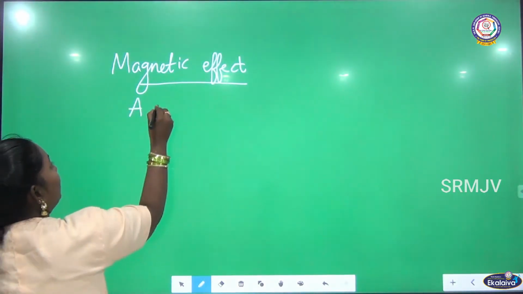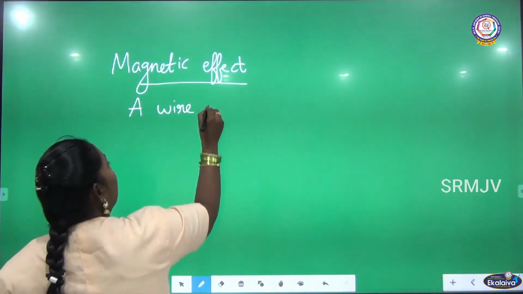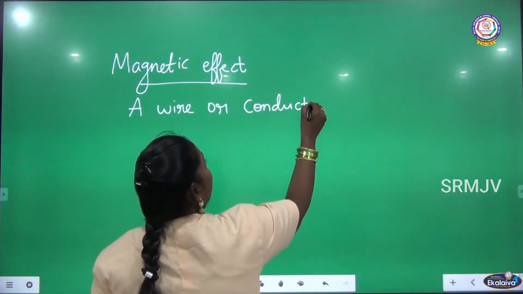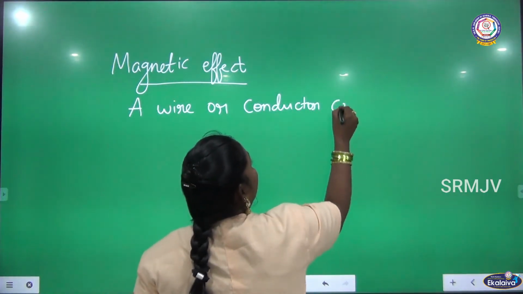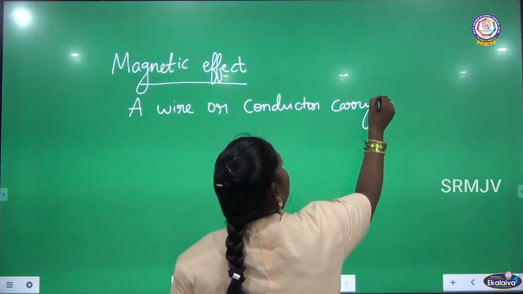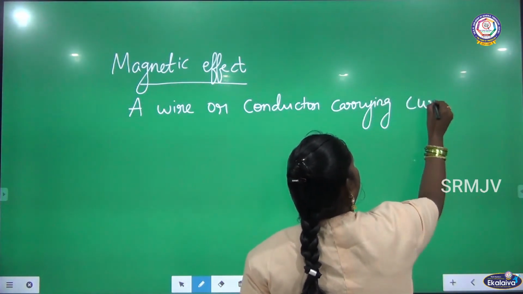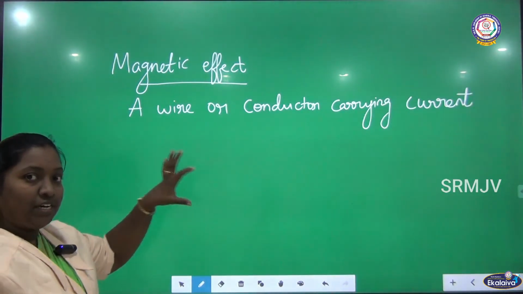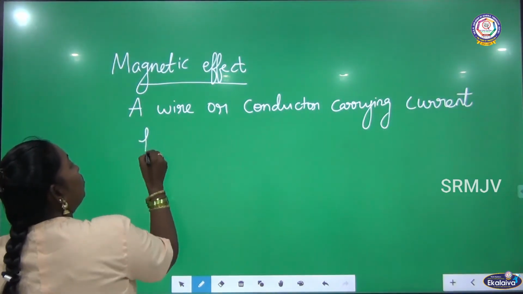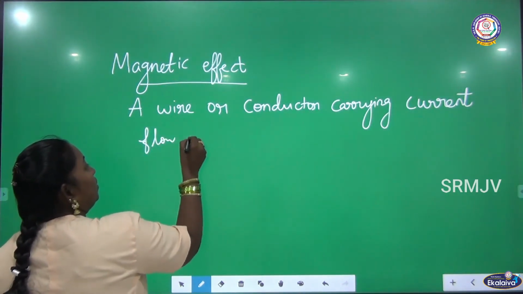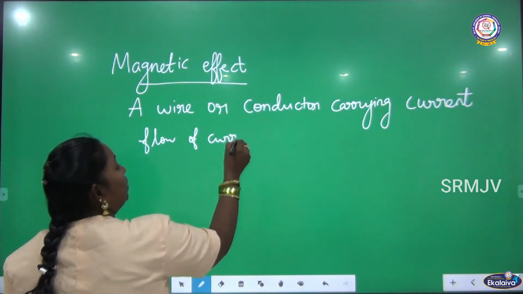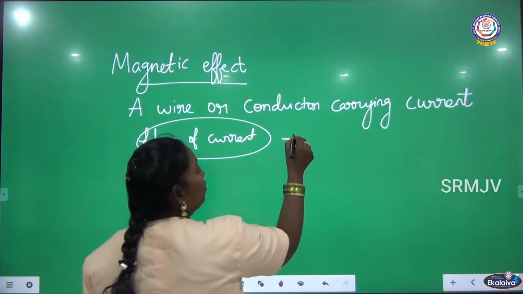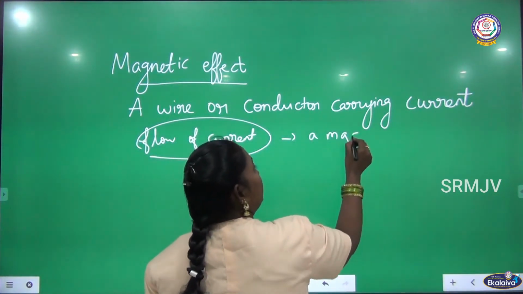So a wire, or a current carrying conductor, conducts the flow of current, and due to it, it produces a magnetic field. When it conducts the flow of current, it produces a magnetic field.